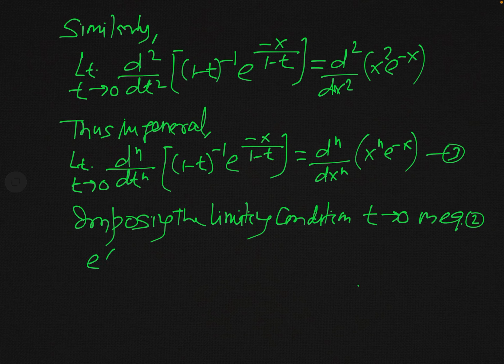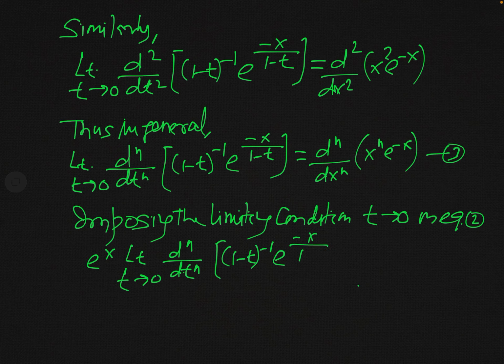You can see this will be e raised to the power x times the limit as t tends to 0 of dn dtn of (1 minus t) raised to the power minus 1 times e raised to the power minus x over 1 minus t.